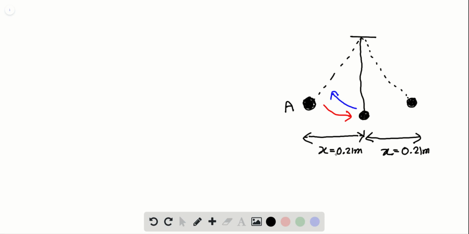Just to be exact with the signs, we can set this left hand side as negative, because if we want to use the coordinate system here, x will be negative, and we'll consider the right hand side direction as positive x.